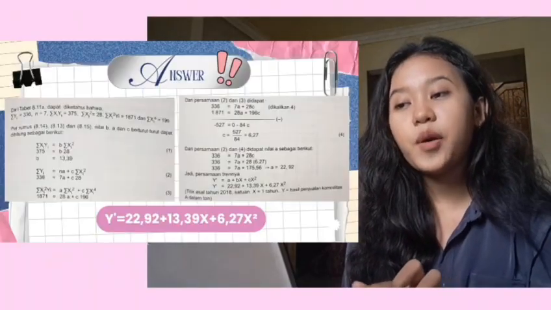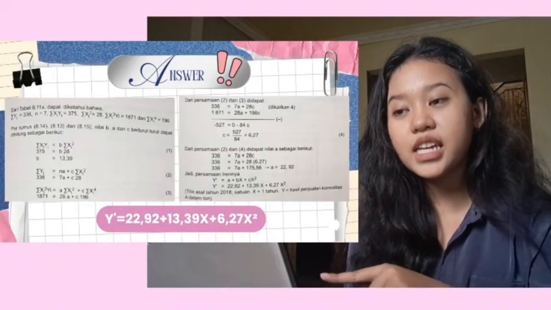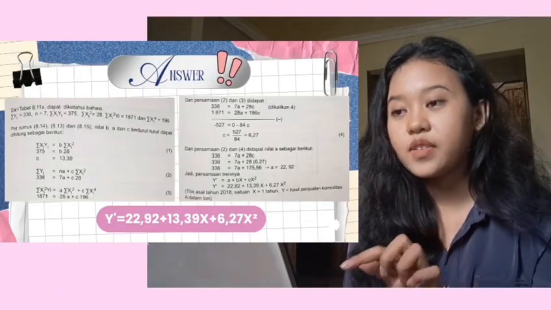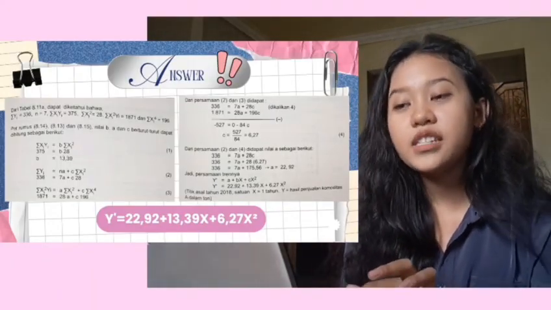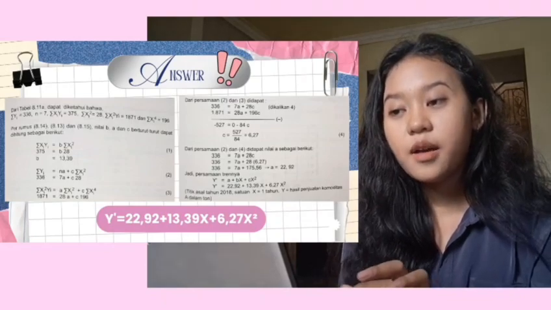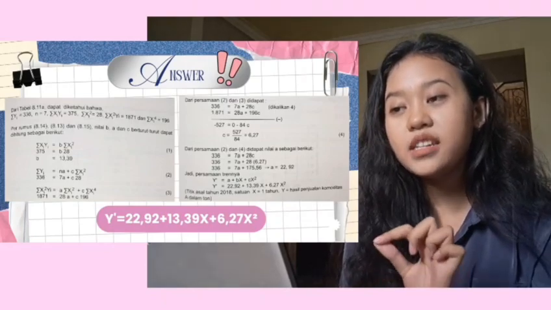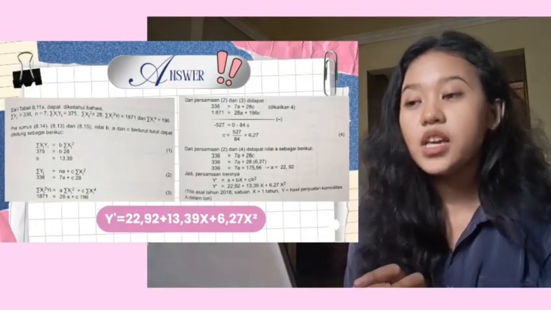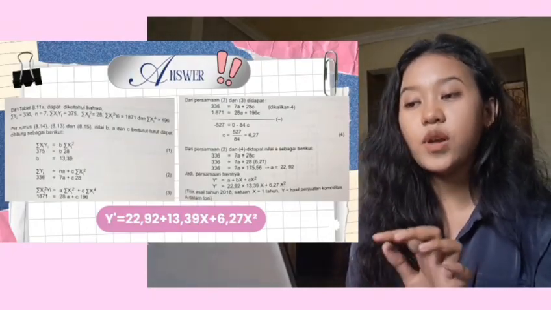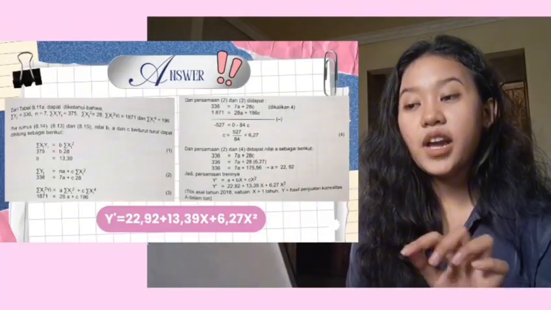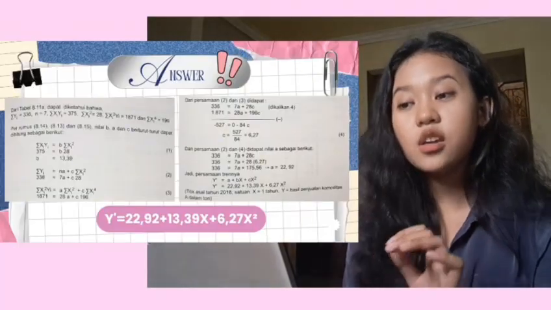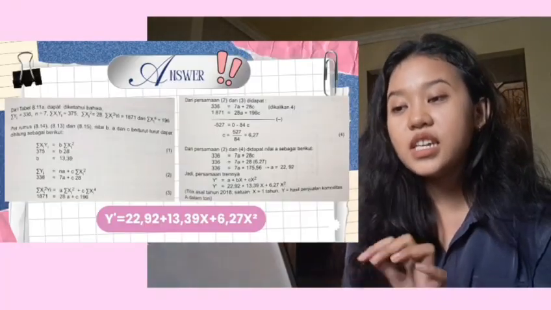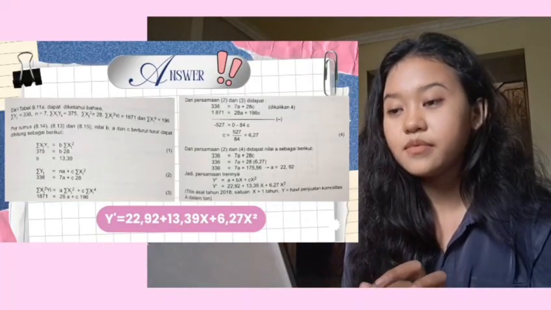So from the second and third equations, we can find c by subtracting the equations, and we find c equals 527 divided by 84, which is 6.27. So c is 6.27.